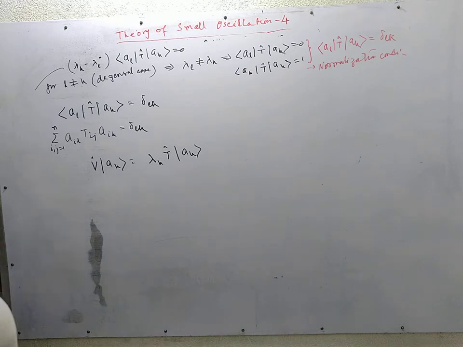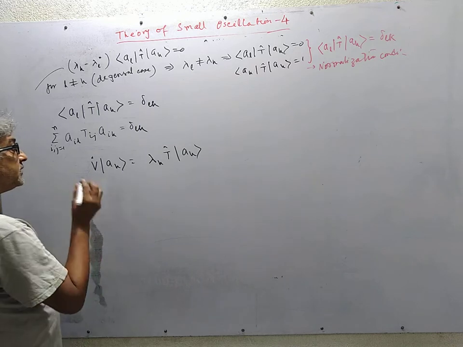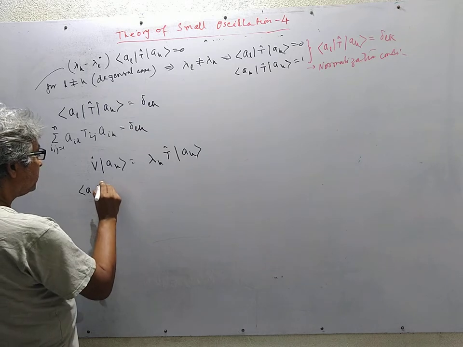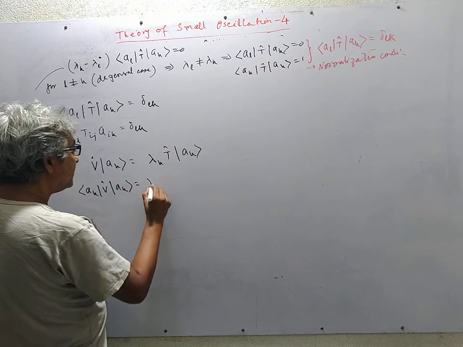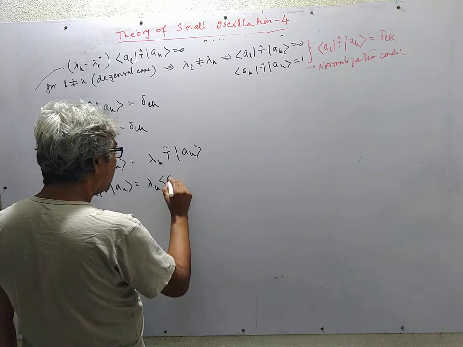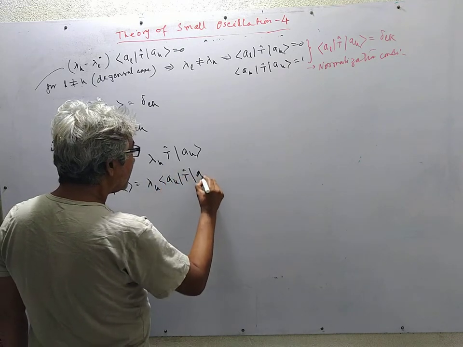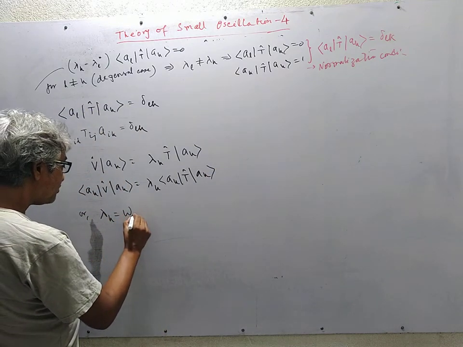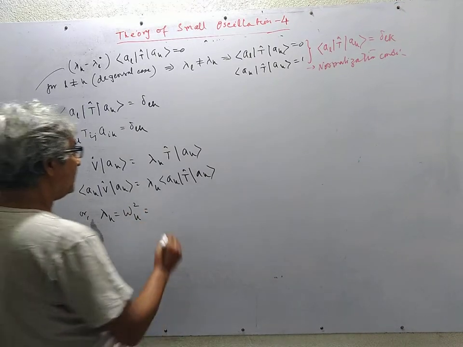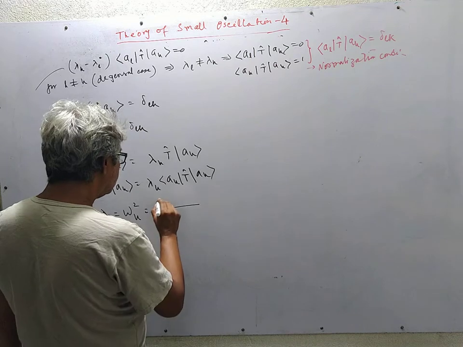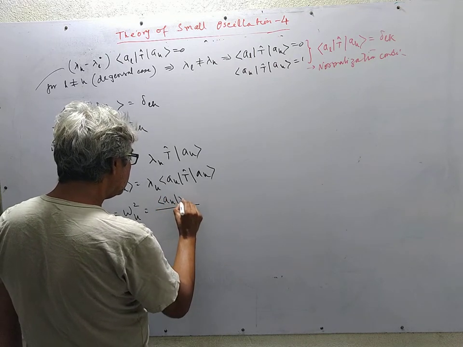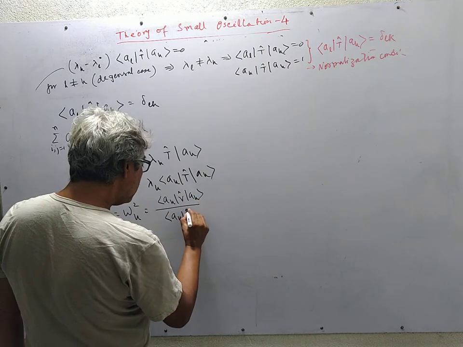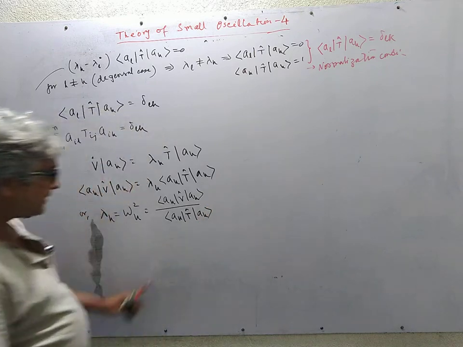If we multiply this equation from the left by a_k transpose, we get a_k^T V a_k is equal to lambda_k, or lambda_k is equal to omega_k square, equal to a ratio.